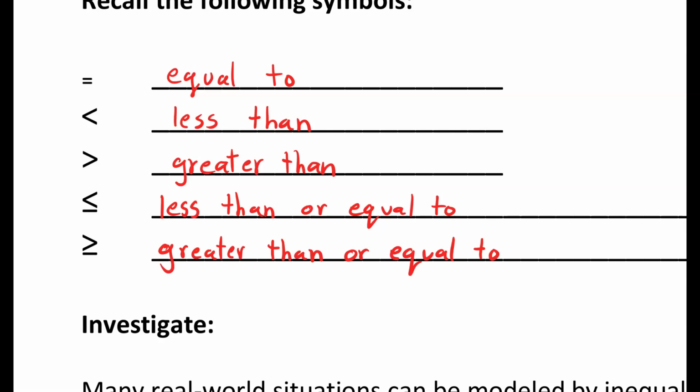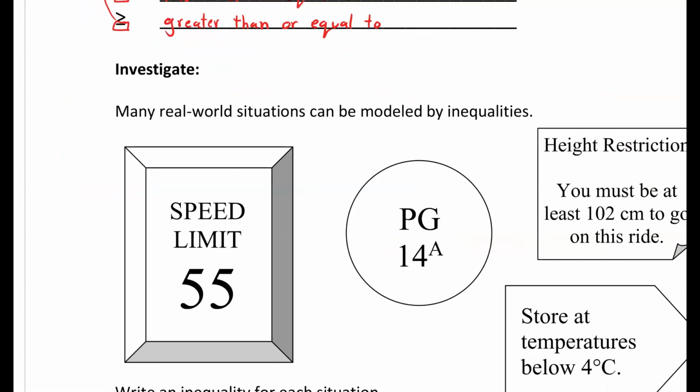So notice that this symbol and this symbol are the same, and this symbol and this symbol are the same. The only difference is that the line underneath them allows them to be equal to the number you're talking about. So let's take a look at this.